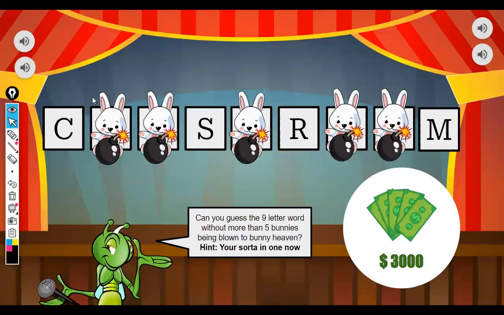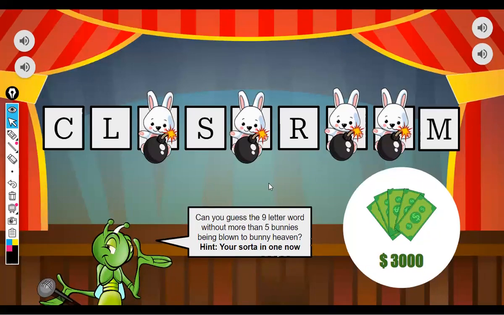Davina, correct. Kenya, correct. Jamal, correct. And the last one, okay, remove. It should be obvious by now what word that is. Yes. All right. So once you get it by this point, claim your $3,000.